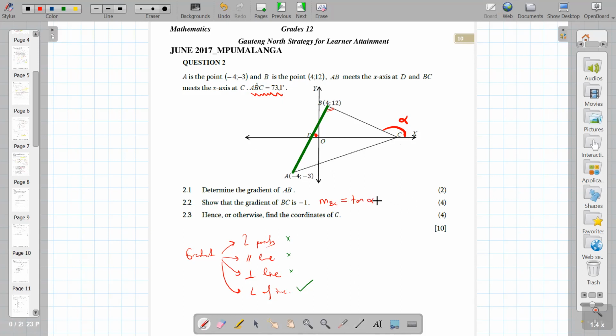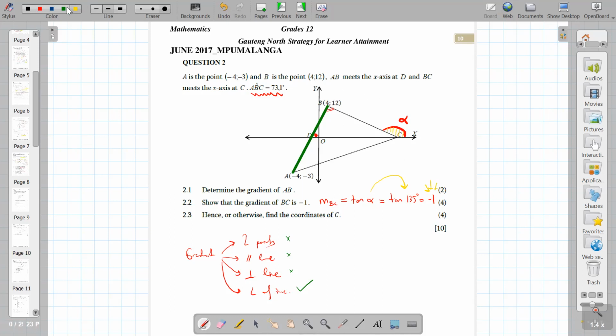If the answer is -1, I can tell you that angle must be 135, because that will give me -1. I didn't solve it yet, but I just know it. Okay, but how can I get alpha?